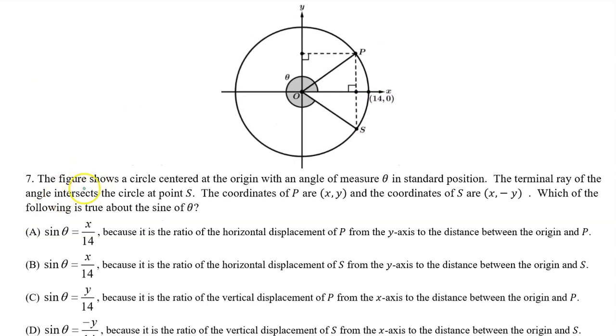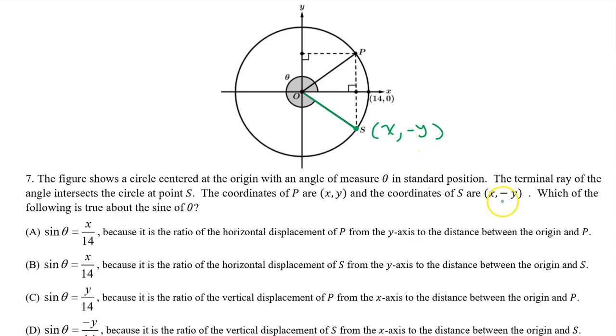Number 7. The figure shows a circle centered at the origin with an angle of measure theta in standard position. The terminal ray of the angle intersects the circle at point S. So point S is the one that matters. The coordinates of point P are x, y, and the coordinates of S are x, the opposite of y.